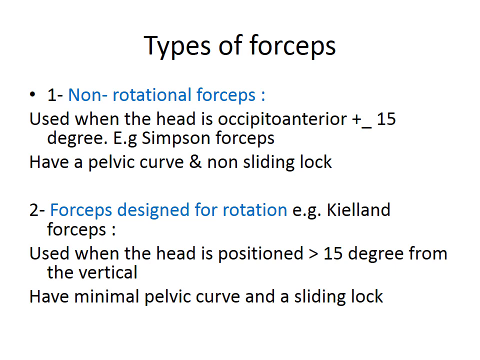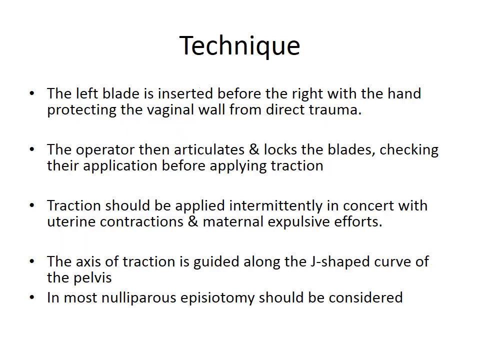So it should have a minimal pelvic curve and a sliding lock, for the purpose of rotating the fetal head into the normal position, that is to say, the occipito-anterior one.